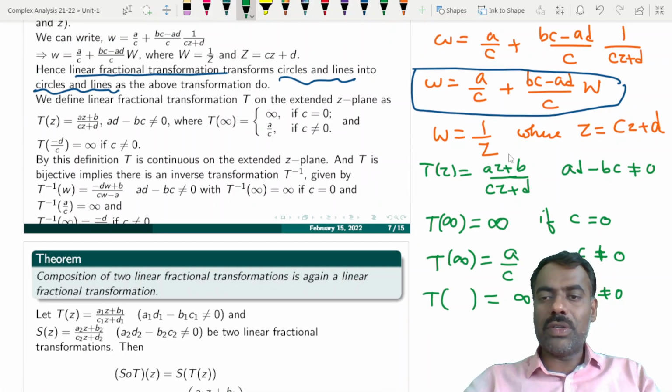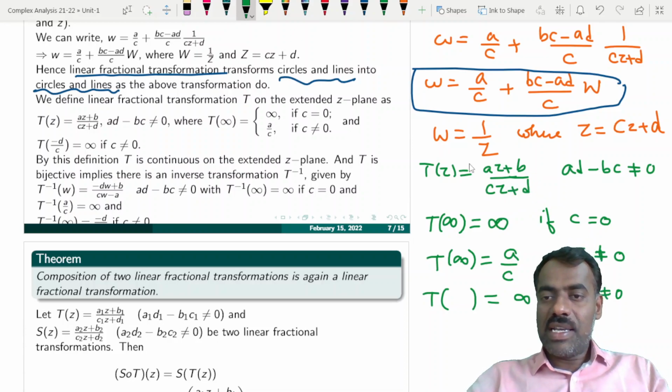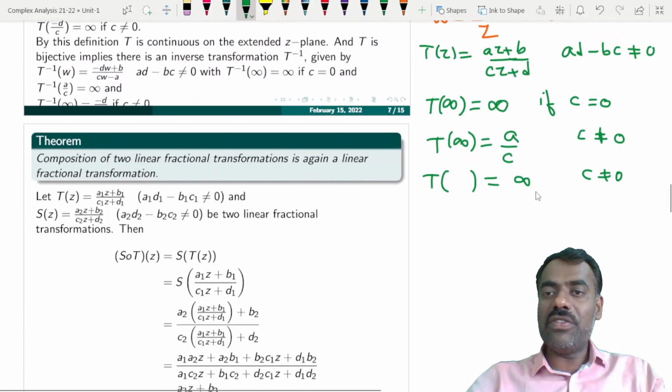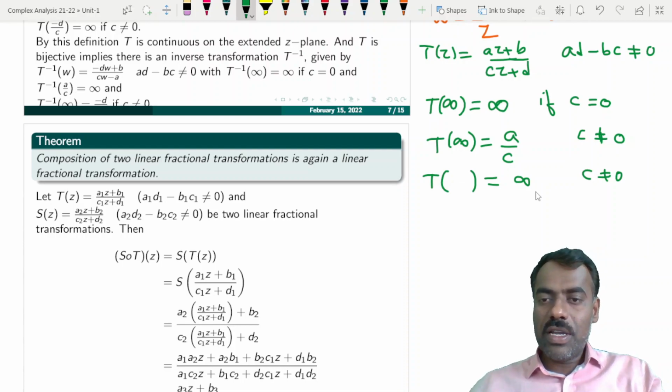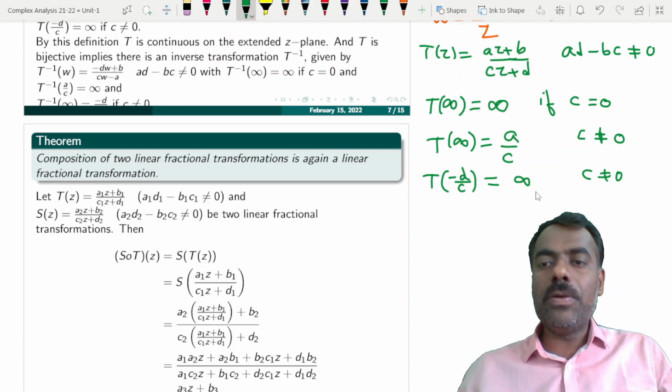We want infinity on this side, so what z can we substitute so that we get infinity? If cz + d, the denominator, tends to 0, and az + b is non-zero, then we are done. Therefore T(-d/c), that's why we have taken c not equal to 0, is equal to infinity.